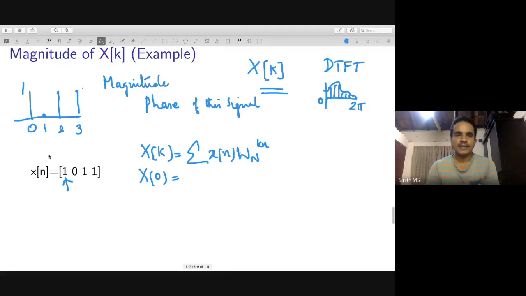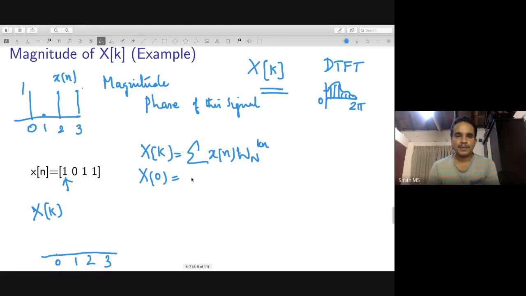So if x[n] is like this, capital X[k], which is the frequency domain representation, or DFT, will also be having 4 values. Let us find which are the 4 values: 0, 1, 2, 3. This is X[k]. We are going to plot it as we find it.